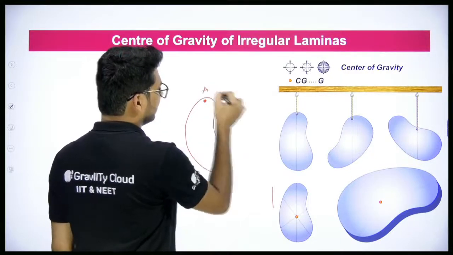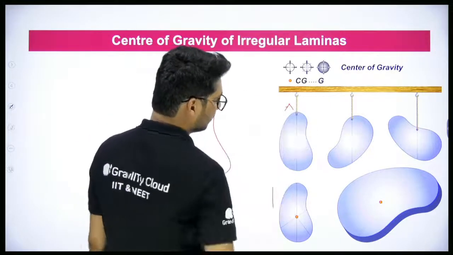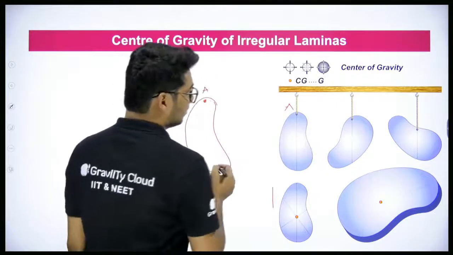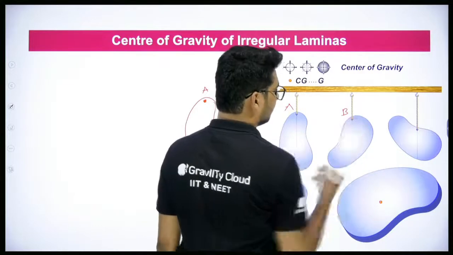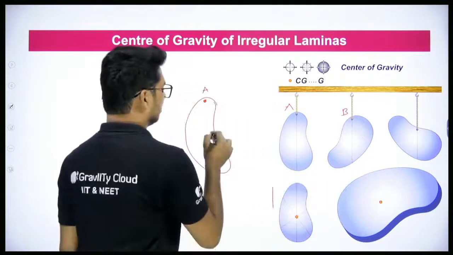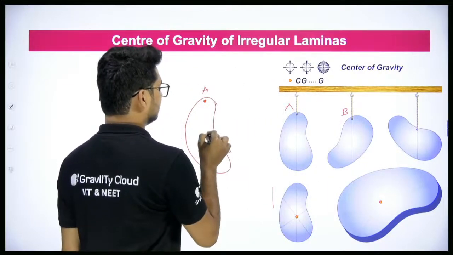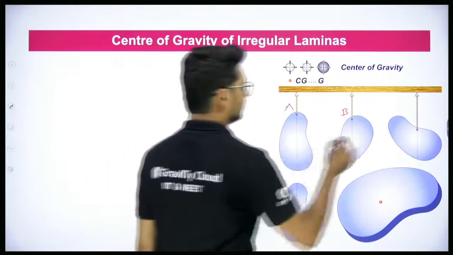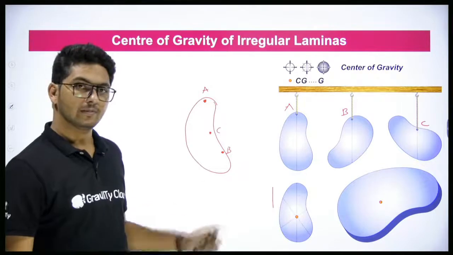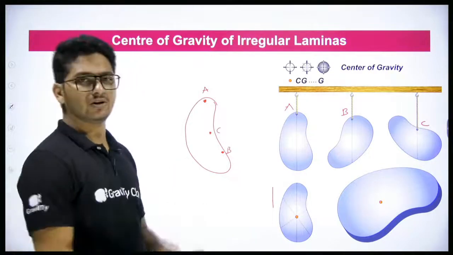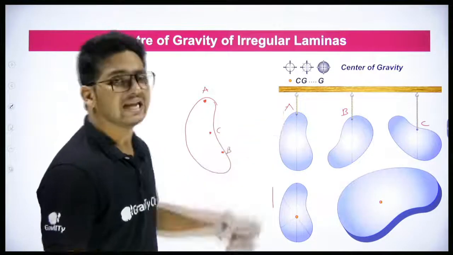One hole is made here, I'll call it A. The other hole is made somewhere here, I'll call it B. And the other hole is made somewhere here, I'll call it C. So make 3 random holes on the irregular shaped lamina and suspend it.